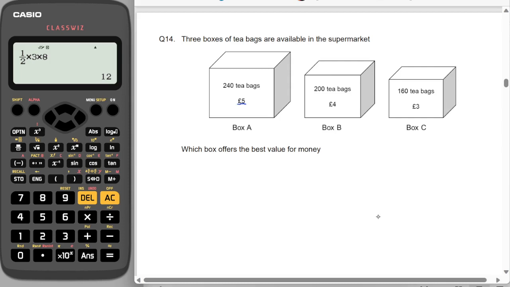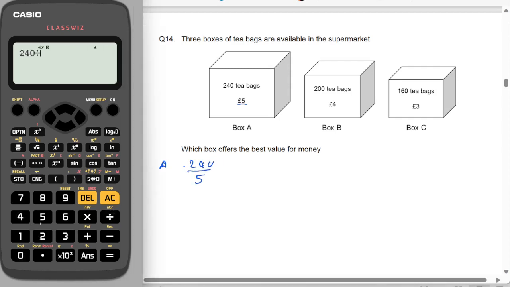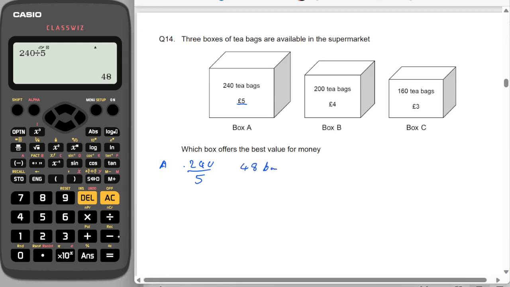But I think I'm going to see how many bags I can get for £1. So for the first one, for A, 240 divided by 5 is going to give me 48 bags for £1. For the second box, I'm going to do 200 divided by 4. So 200 divided by 4 is going to be 50 bags per pound.